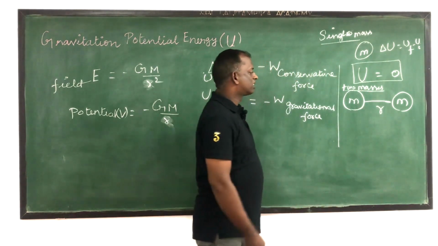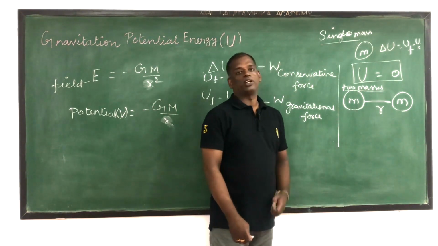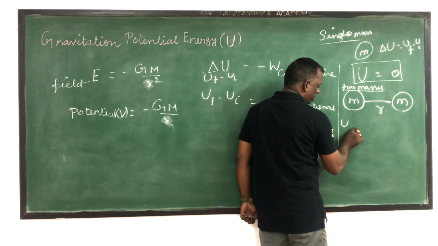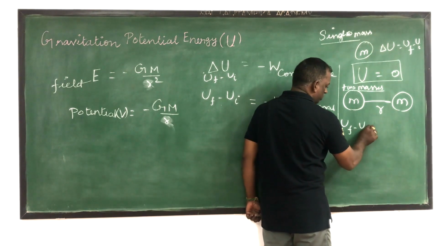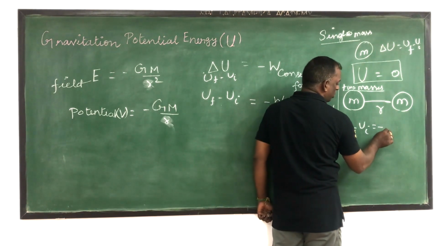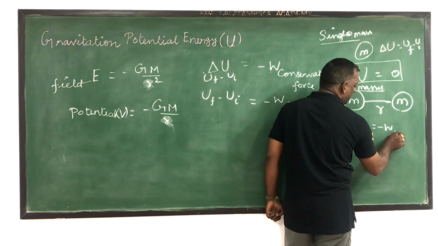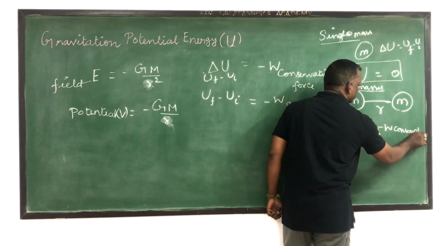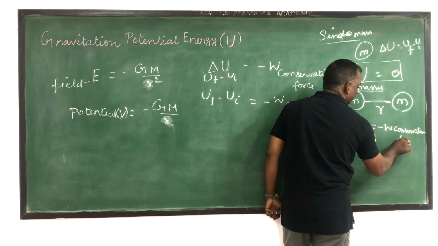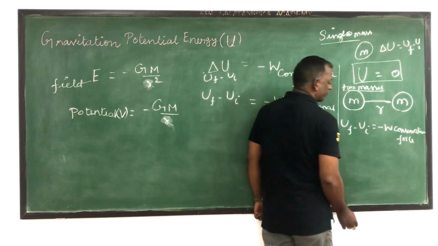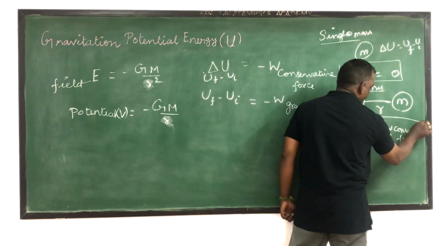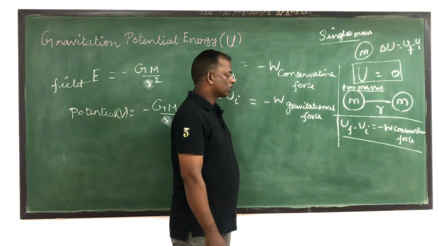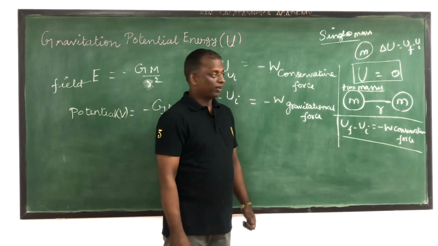So if ரெண்டு மாஸ் இருக்குது, then what is the potential energy? So what is the potential energy formula என்னது? UF minus UI is equal to minus of 1 times by the conservative force. So this is the formula. இதோட வேல்யூ என்னன்னு சொல்லிட்டு டிரைவ் பண்ணலாம்.